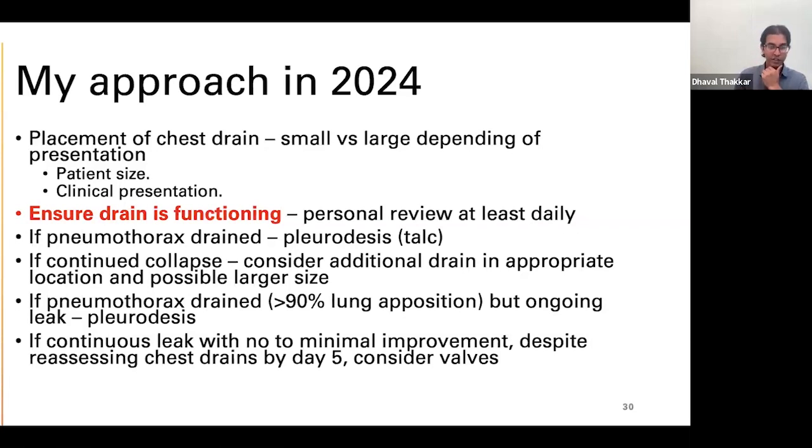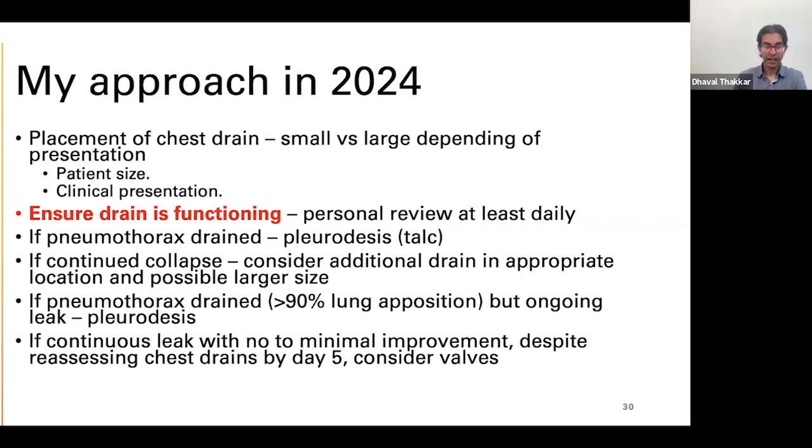And then clinical presentation: if the patient has a significant air leak or a significant pneumothorax, and or you have a concern that this is going to have a larger leak, you may want to opt for a larger drain up front. The other important thing is to ensure that your drain is functioning. I really strongly believe this requires consultant review at least daily.